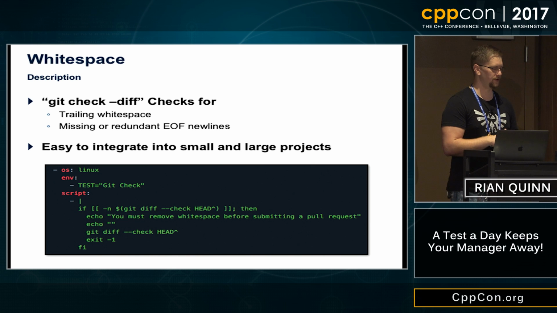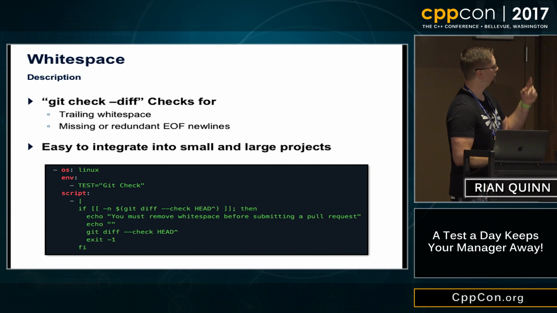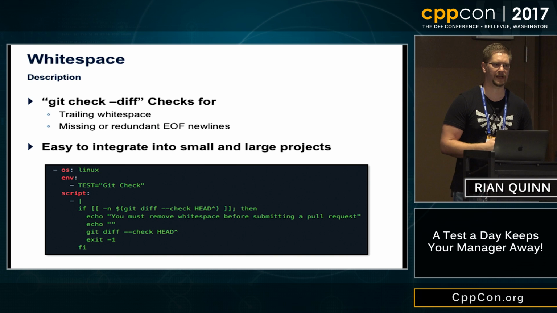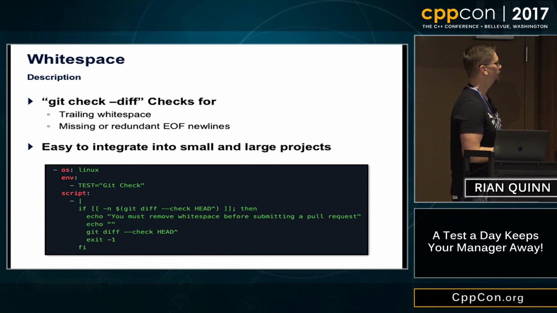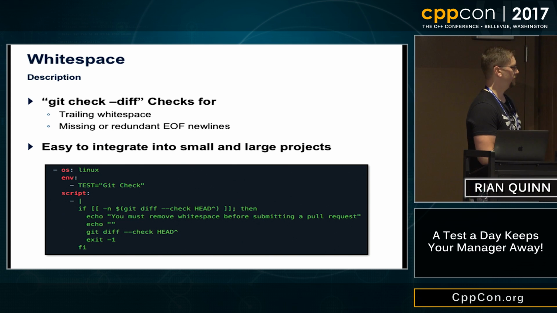In this particular case, we're using git check diff. There's other tools that can do this too. This is just a really simple one. If you happen to be using Git, if you run this command, it'll tell you if you have trailing whitespace that's in your patch, or if you have missing or redundant end of file new lines. And in our Travis CI script, it's really simple.